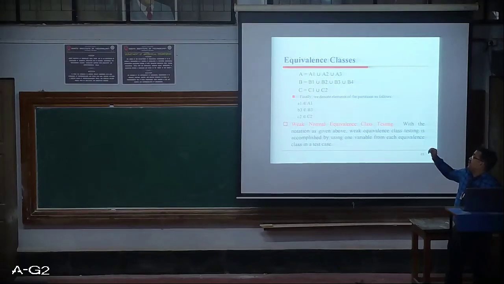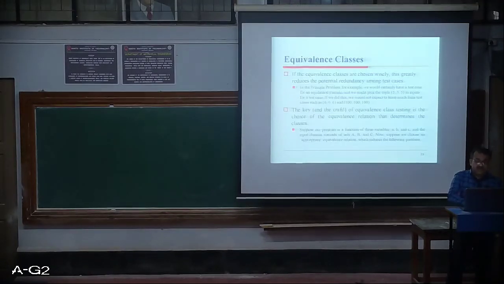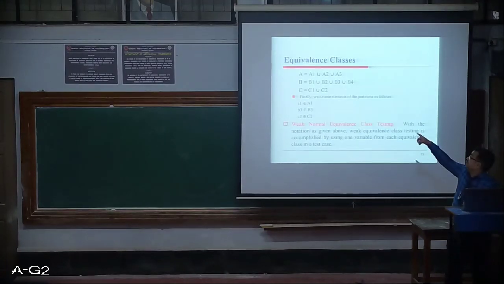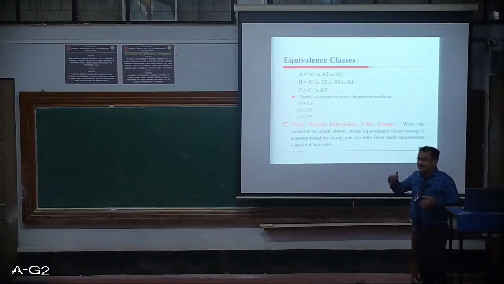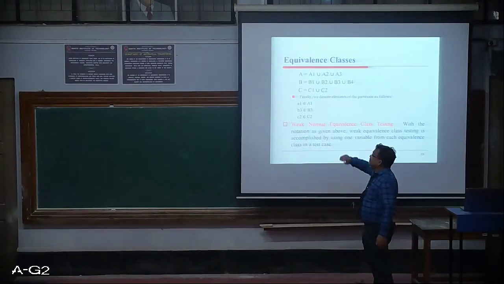We take the three variables small a, small b, small c from those input domains, capital A, capital B, capital C, and we have an equivalence relation which partitions these three sets.